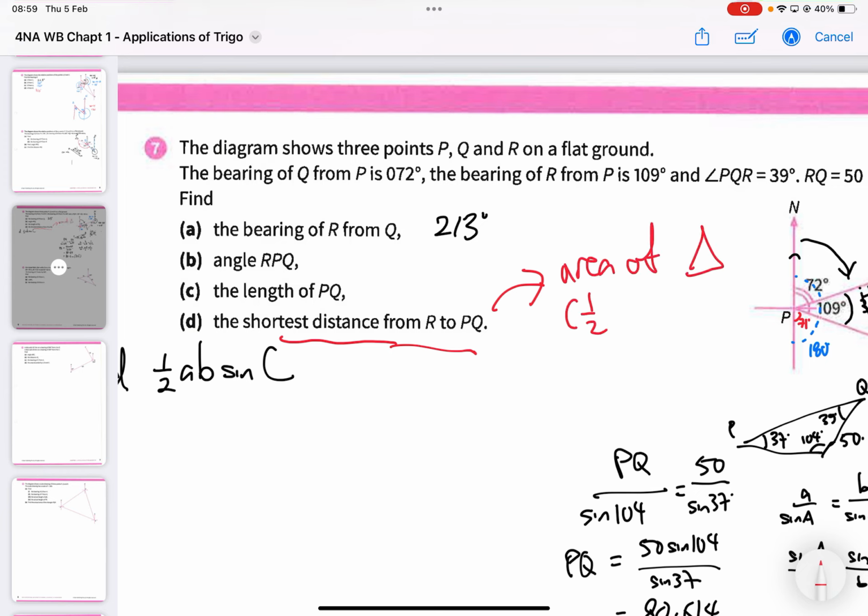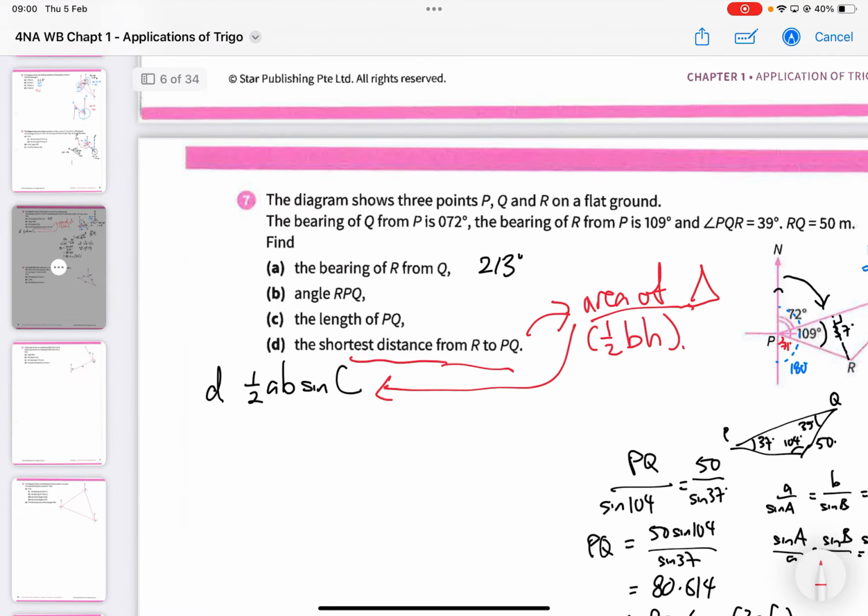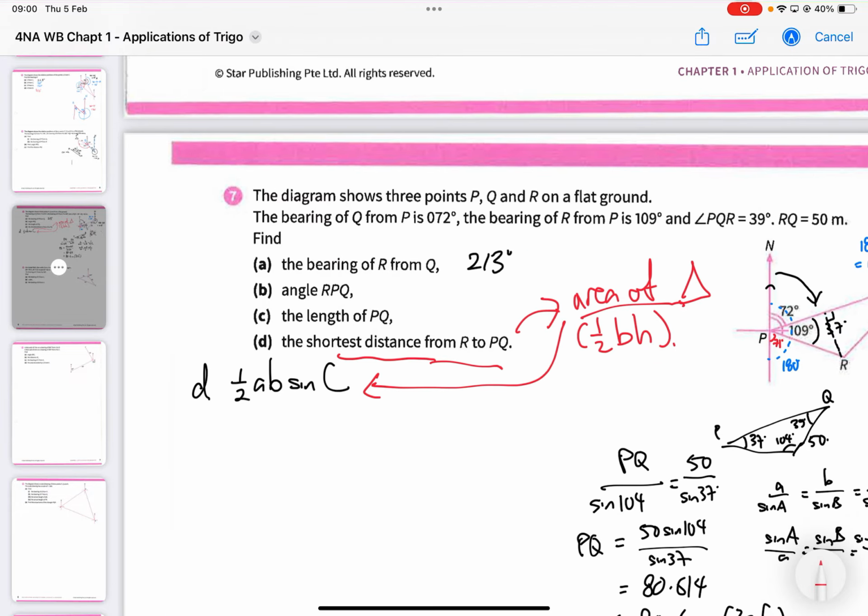Half base times height. Okay, then because I want to use the area, it linked me to use my half AB sine C to find the area of the triangle first. So the important thing is shortest distance from a point to a line, link your thinking to area of triangle.